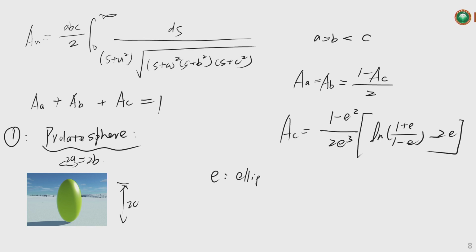In mathematics they also use the small case e to represent that, all right? So it equals the square root of 1 minus (A over C) squared.